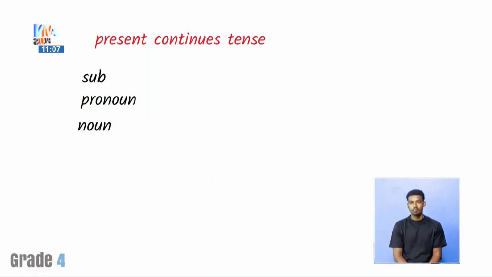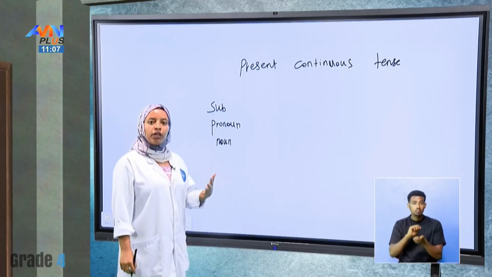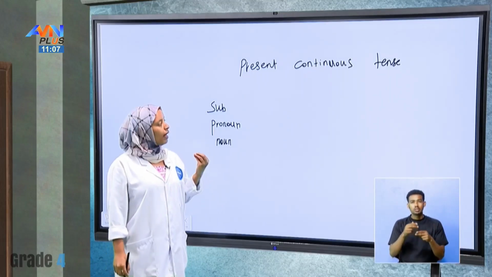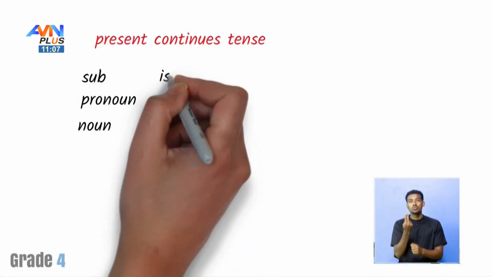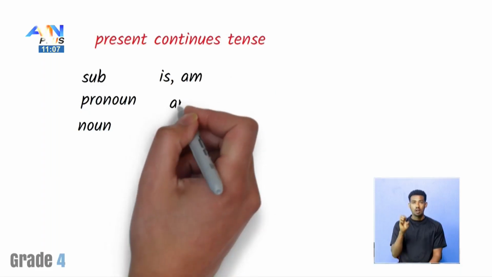When we come to pronoun, we can use he, she, it, and when we come to noun, we can use an animal name, a person name, and whatever you want. And also you can use is, am, and are.